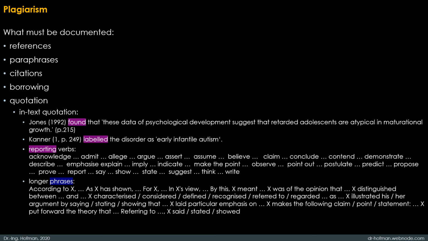The number system is used in the applied sciences, such as chemistry, computer science, engineering, mathematics, physics, and medicine. Place the number in brackets immediately after the author's name when it occurs, or alone at the end of the sentence.